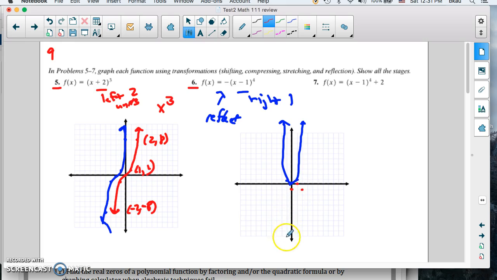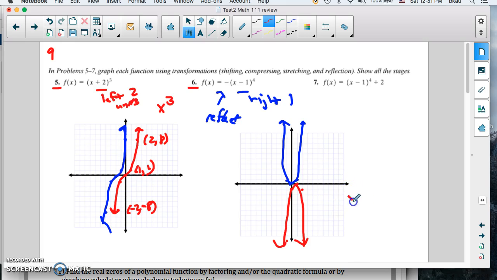And then down to 16 here, which is huge, way down here to the 16th. So it's very steep going down, and steep going down here. All right, so that's what happens there. It moves right 1 and then reflects.